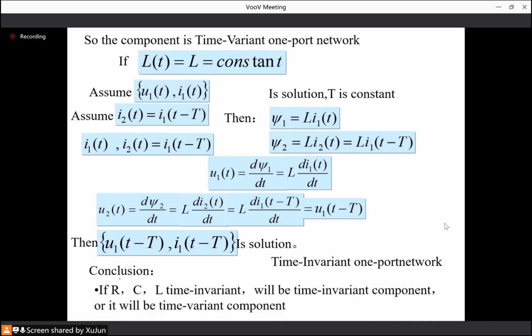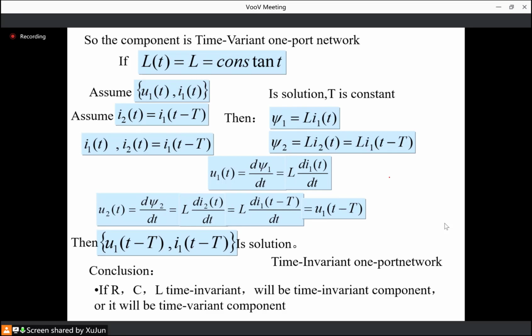So the conclusion is, if R, C, L, I mean the parameters, if these parameters change with time t, it will be a time-varying component. If they do not change with time t, the component will be time invariant. So this is a common and simple method to judge.